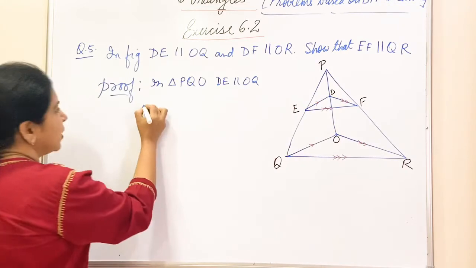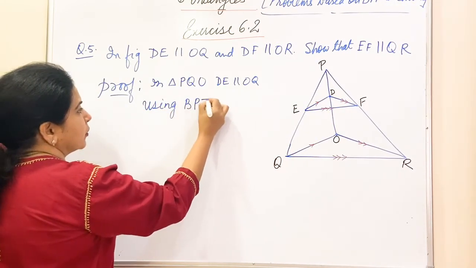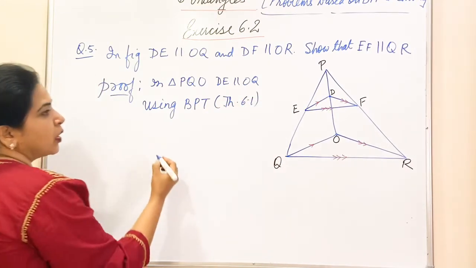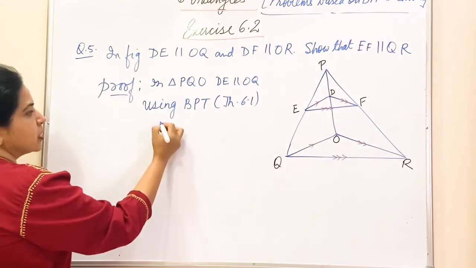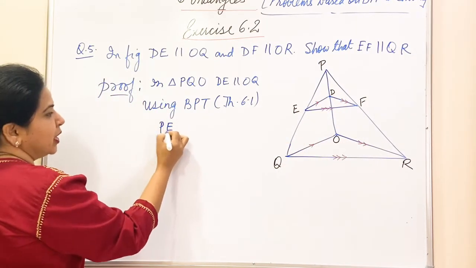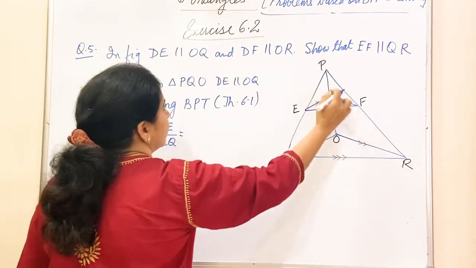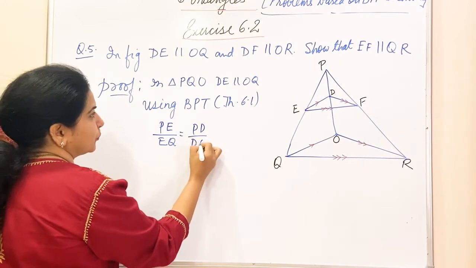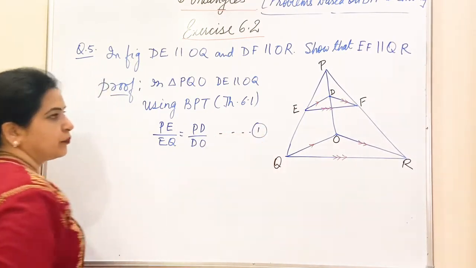So using BPT, theorem 6.1, the other two sides are divided in the same ratio. PE by EQ is equal to PD by DO. Suppose this is equation 1.